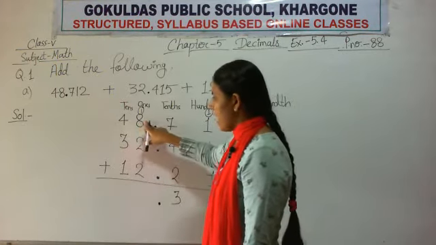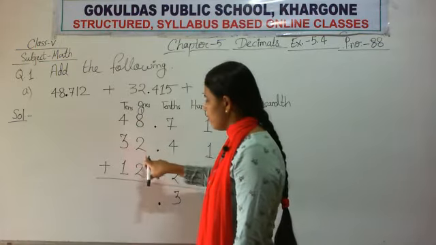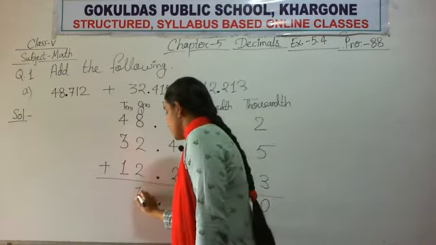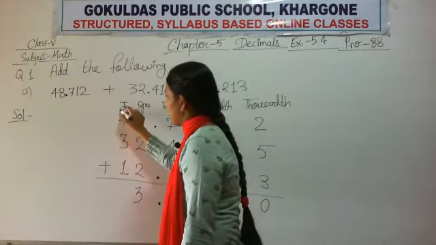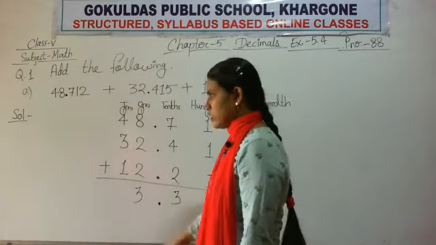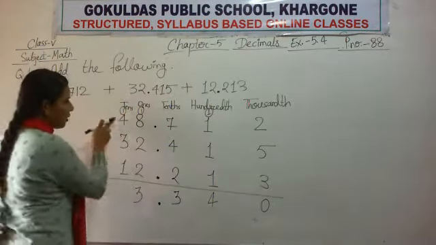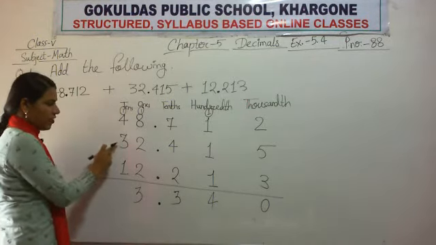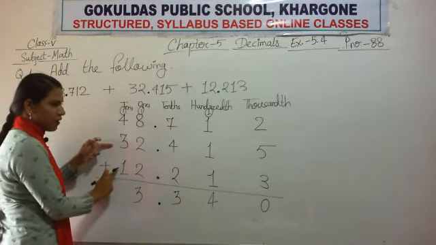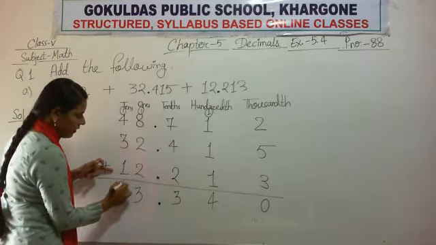1 plus 8 is 9, 9 plus 2 is 11, 11 plus 2 is 13, so 3 and 1 carry forward. Now add the digits in the last column, in the tens column. 1 plus 4, 5, 5 plus 3, 8, 8 plus 1, 9.